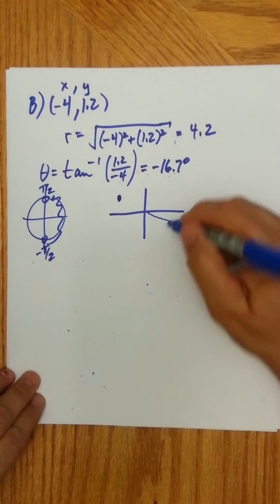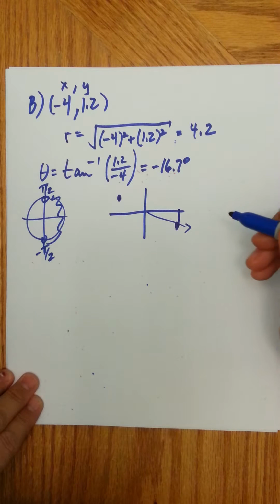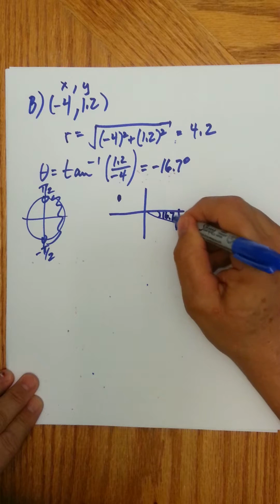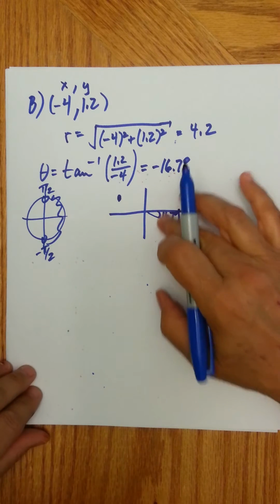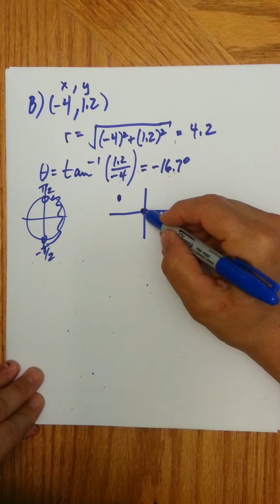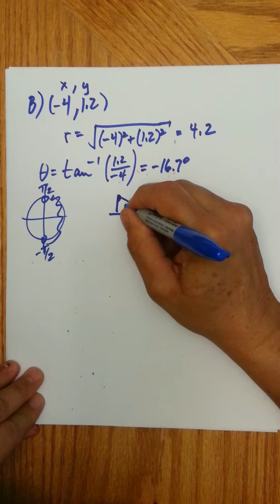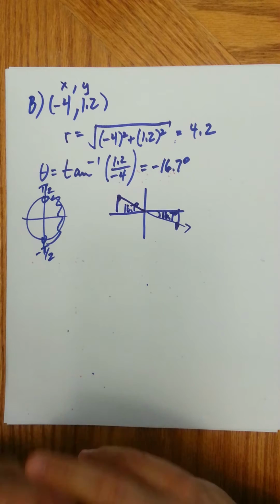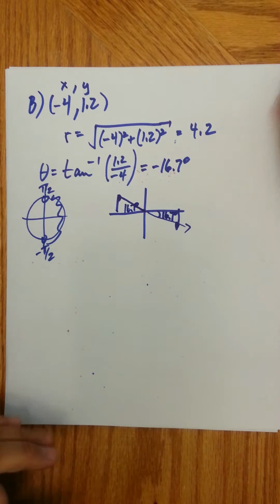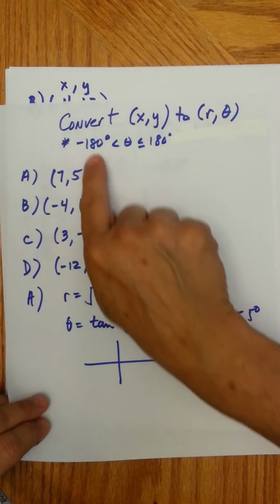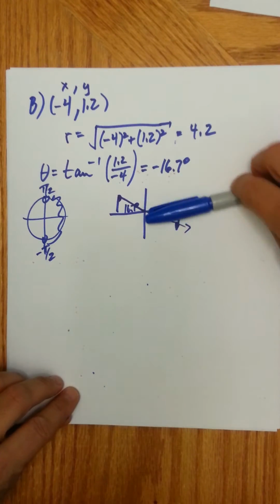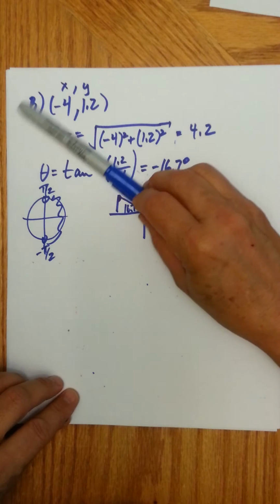So the idea here is that when I drop the perpendicular, I know that this reference angle theta is 16.7 degrees. Now it's negative, but the reference angle itself, remember, is always positive. So that's 16.7 degrees, which means that this over here is also 16.7 degrees, right? And I'm trying to express this as an angle somewhere between negative 180 and positive 180. So I start at 0 and rotate this much.